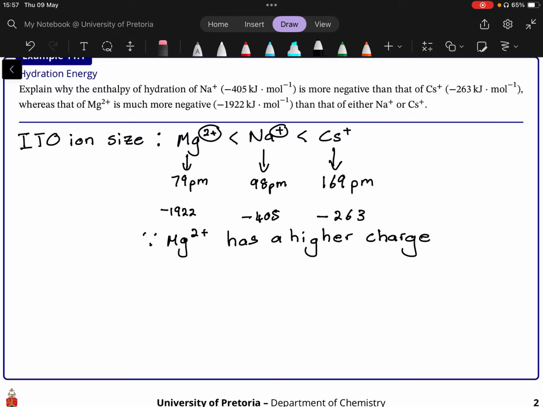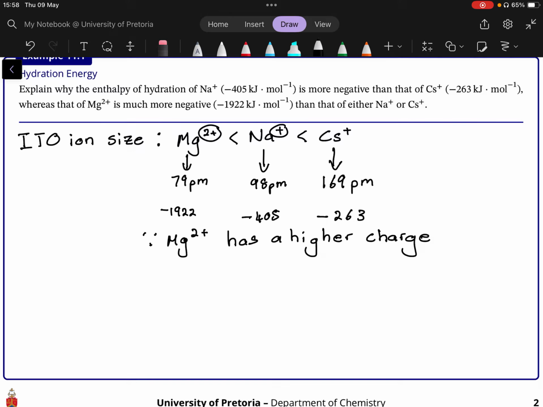So hence it will have a larger magnitude of enthalpy of hydration, and what that actually means is that it gives off more energy. It's more energetically favored for the system to dissolve. It's very exothermic. Not that all exothermic reactions are spontaneous, but it's a general indication.